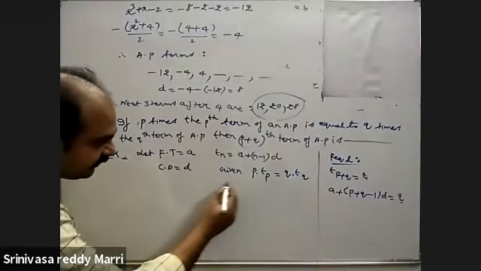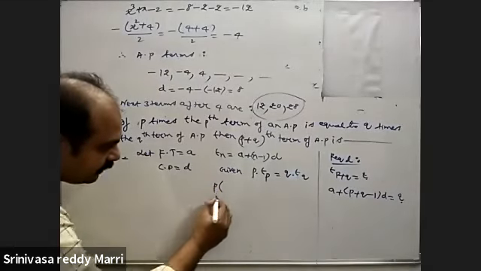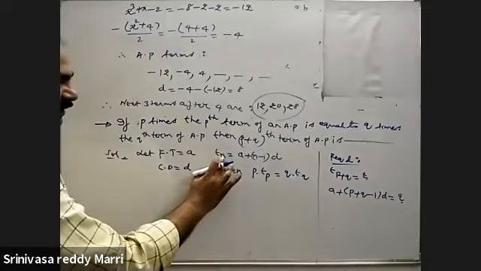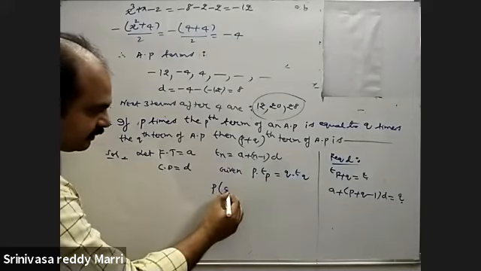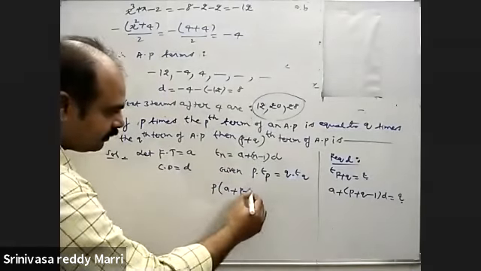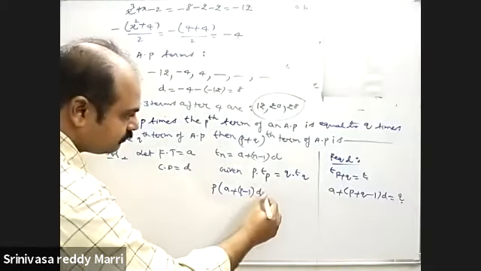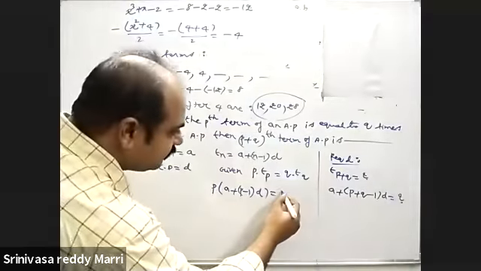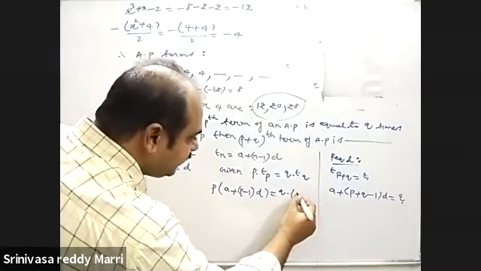Now look at, from the given condition, P into TP. TP means in place of n you replace P, equal to Q into TQ.